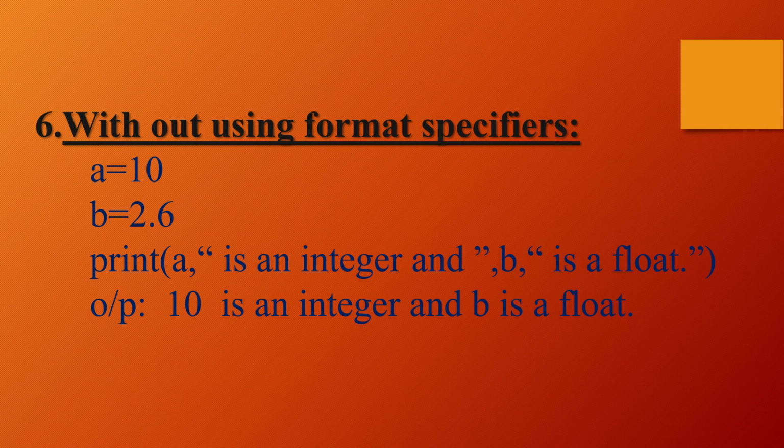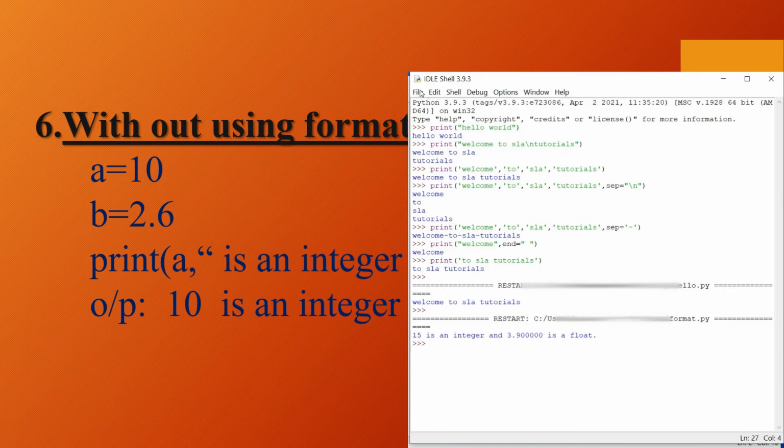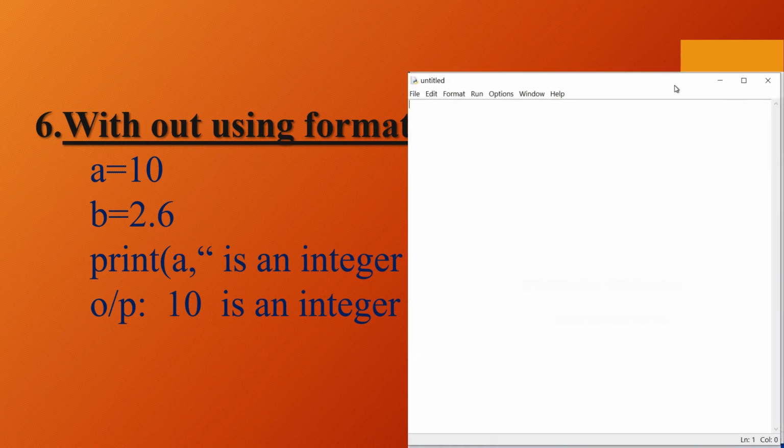Then we'll get the output as 10 is an integer and 2.6 is a float. Here a is not inside the double quotes or single quotes. That's why the value of a is printed. If there is a text inside the double quotes or single quotes, we'll get it as same in output.